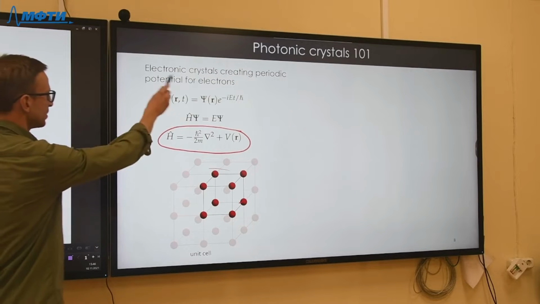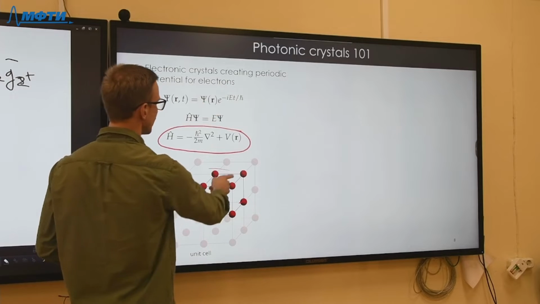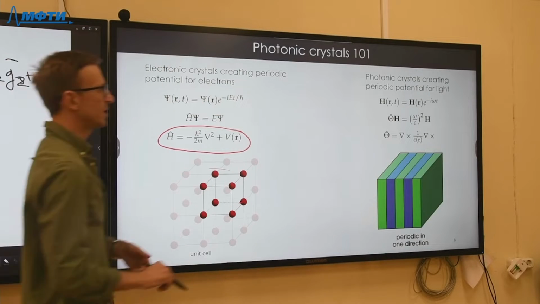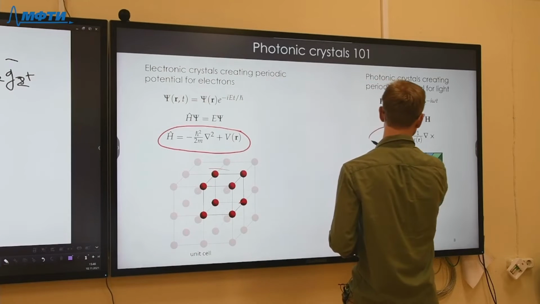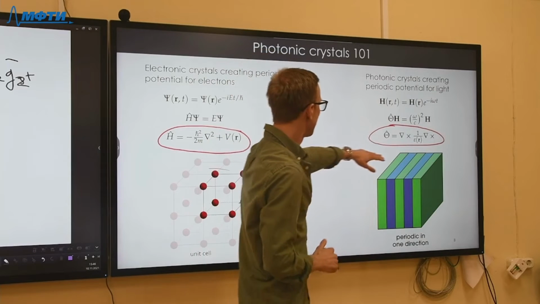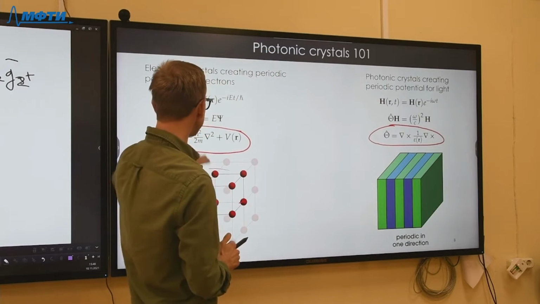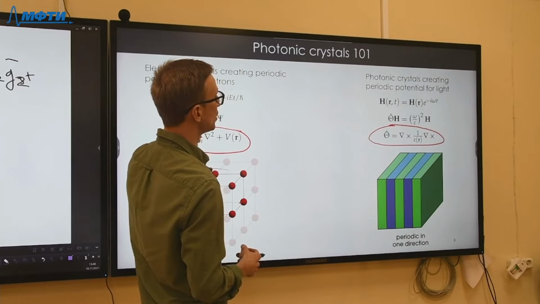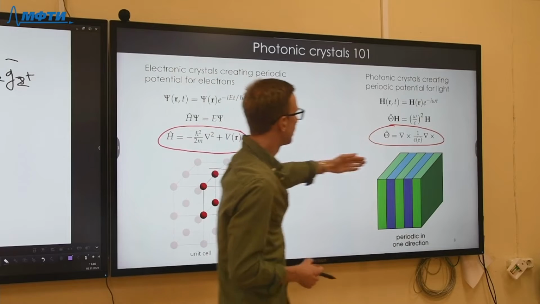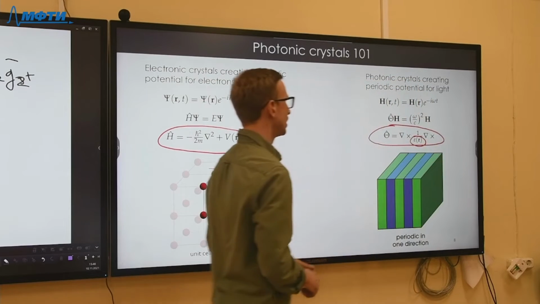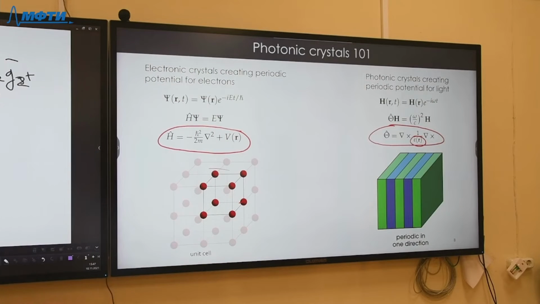And that can be translated into optical, into electromagnetic structures by noticing that the Schrödinger equation is actually very similar to the Maxwell equation. It has a different form, but it is essentially some quadratic differentiating operator, and also some potential, and the potential here is played by the permittivity or by permeability in magnetic systems.